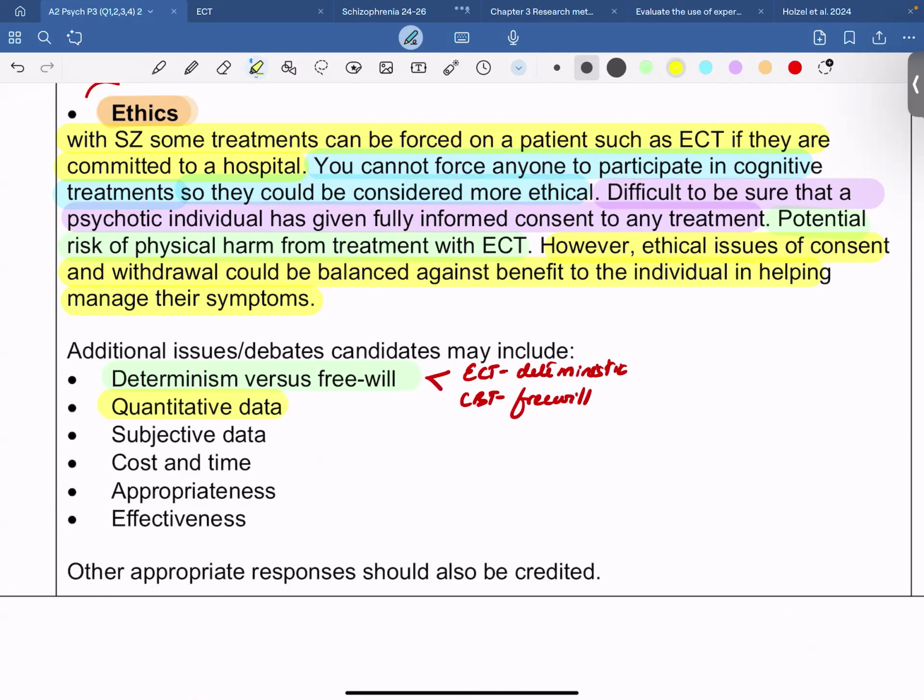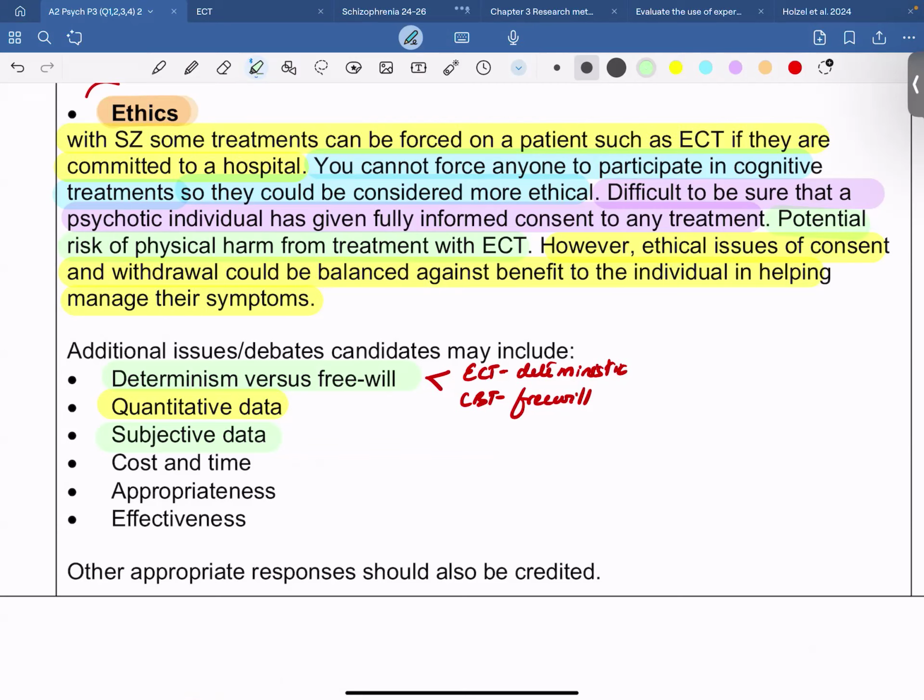Likewise, we could evaluate in terms of subjective and objective data. CBT, or cognitive behavioral therapy, excels in collecting subjective data through therapeutic dialogue, because we were talking about what exactly CBT is. CBT is, in its true essence, a talking therapy, right? So it allows insight into the patient's thoughts and experience, which improves understanding of schizophrenia's personal impact.